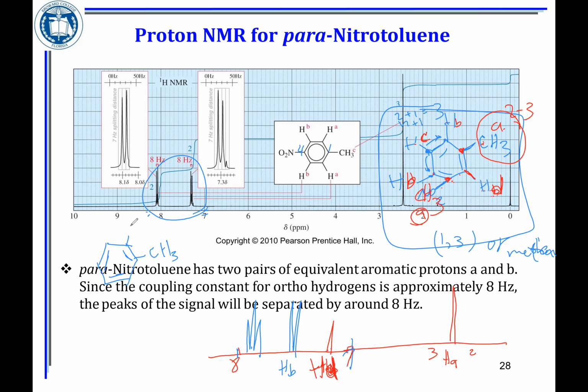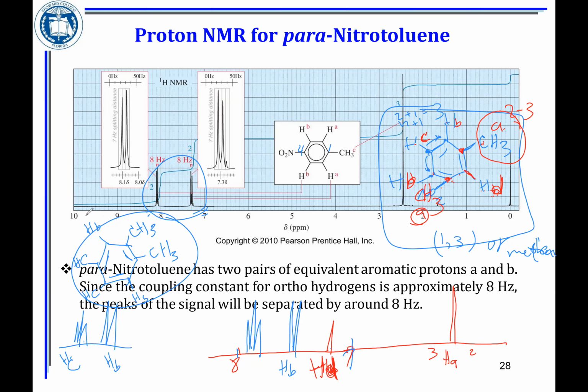So if you have an ortho di-substituted, you only get a doublet and a triplet. You're not going to get this singlet here, so you know that it is ortho di-substituted. If we call this hydrogen B, hydrogen B is going to be a doublet, and this hydrogen C is going to be a triplet.